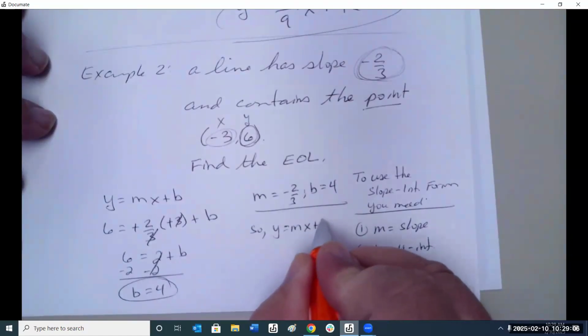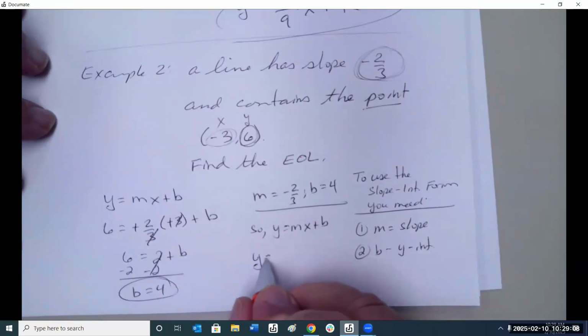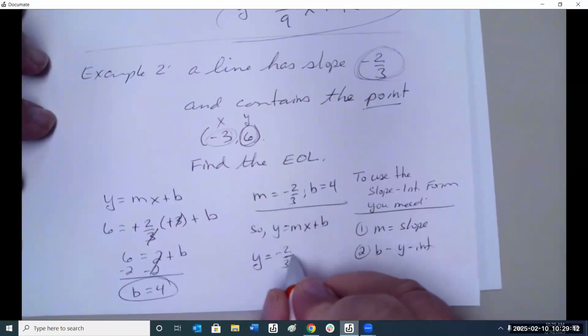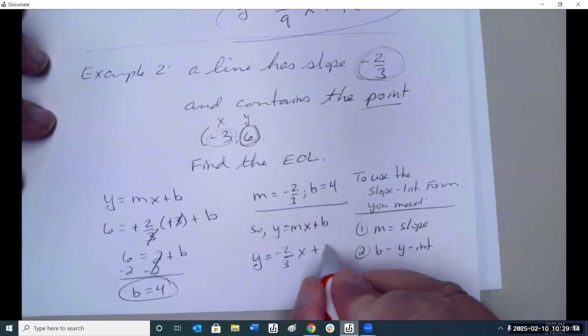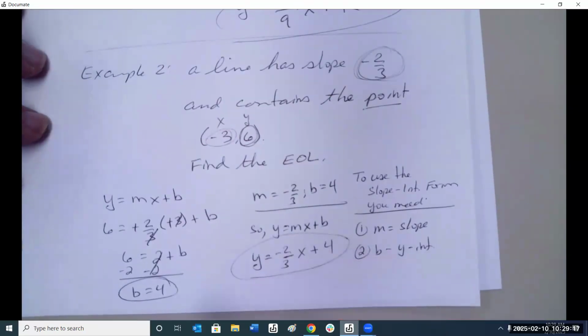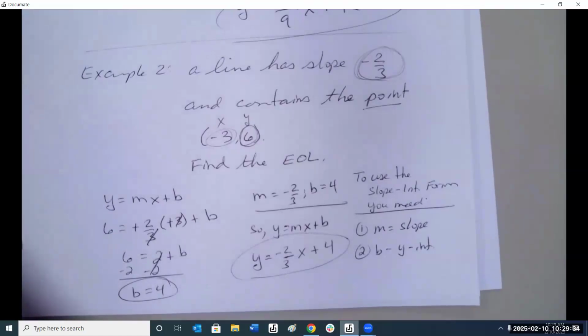So our equation of a line is y equals -2/3x plus 4. And there's our equation of a line. If you don't have something you're looking for, find it, plug in what you have, and then see what you're missing.